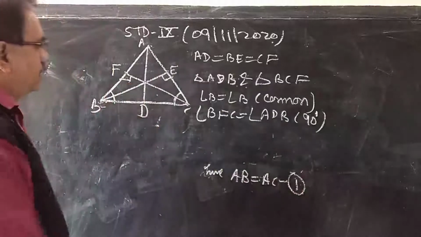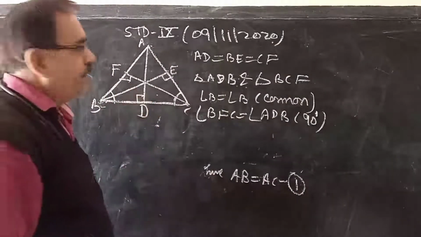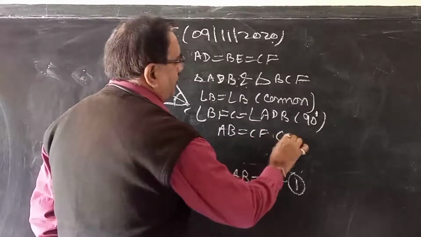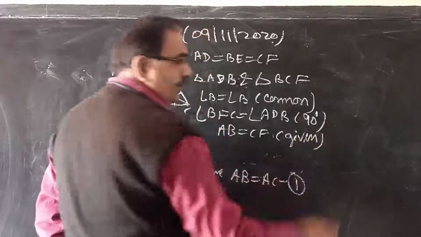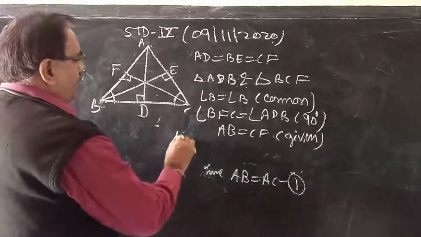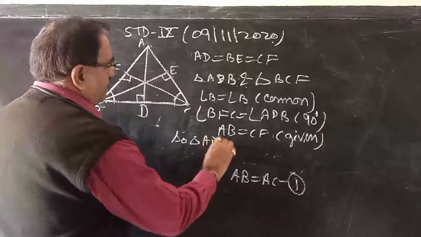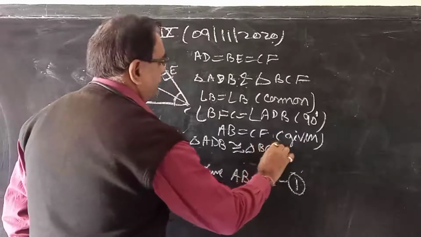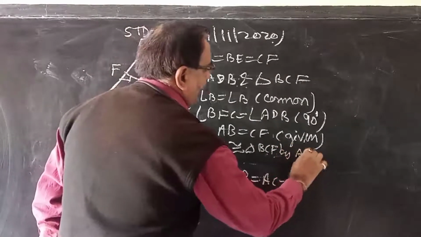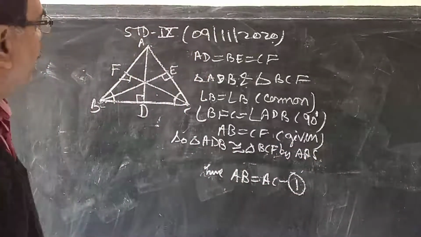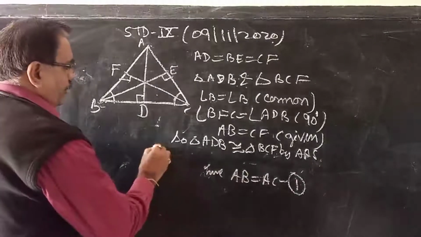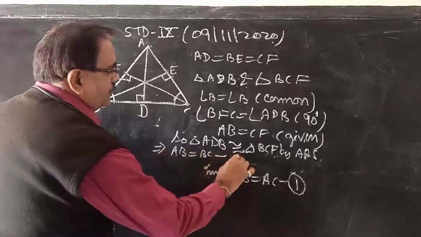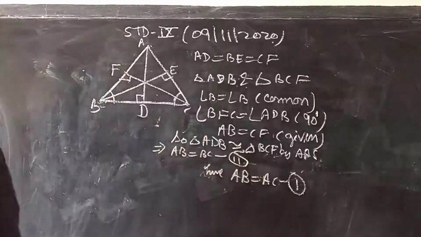Both are altitudes, so this is also 90. And AD is equal to CF, given. So these two triangles are also congruent. Triangle ADB is congruent to triangle BCF by AAS. When congruent, then we come to know what? AB is equal to BC. Let it be second. Right?